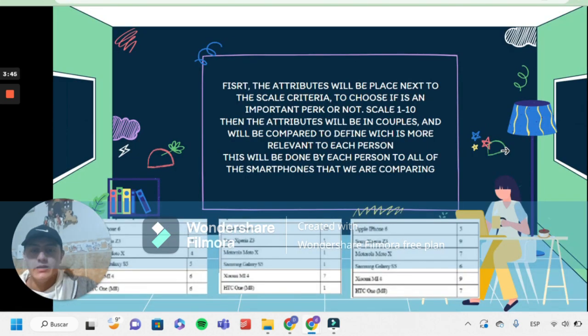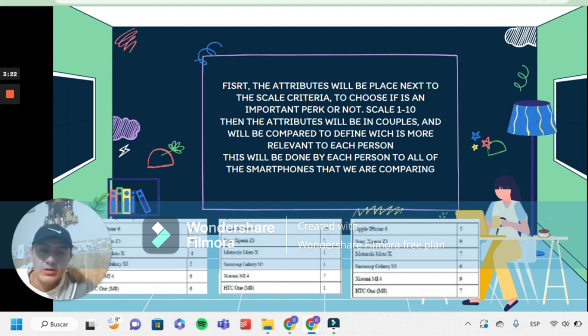That is, we are going to populate and get this information from each person, having a scale that is going to go from 1 to 10 for each attribute.